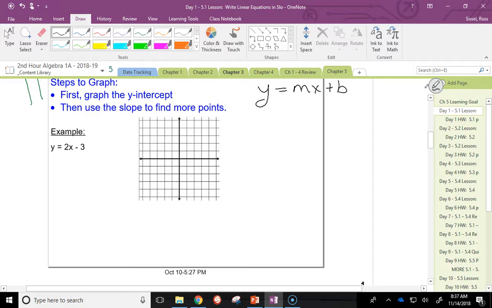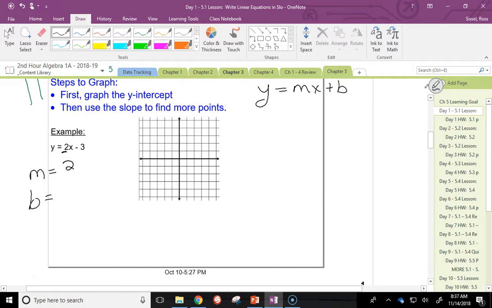So, my first question for you is, I have to identify 2 things: the slope and my y-intercept. What is my slope on the equation y equals 2x minus 3? Joshua? 2. Remember, the coefficient that goes in front of our x is always our slope. So, my slope is 2.